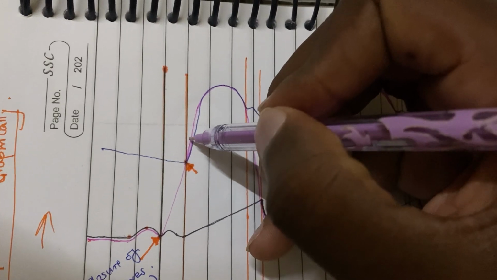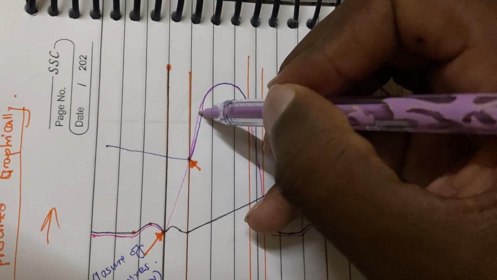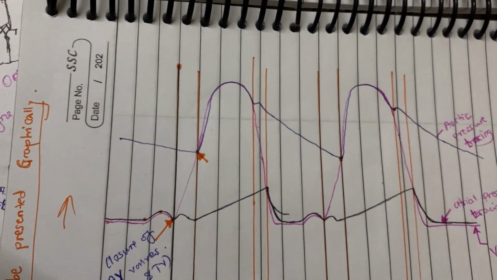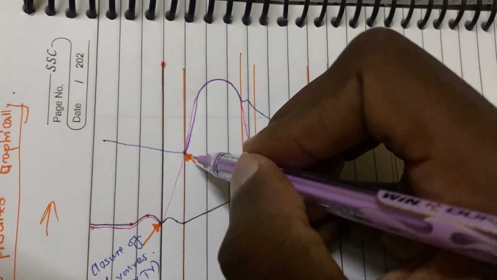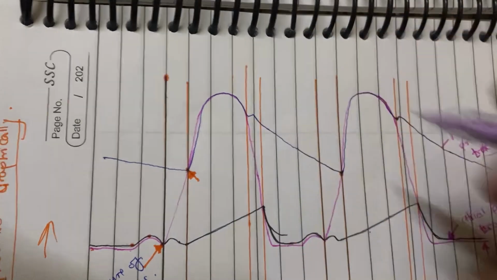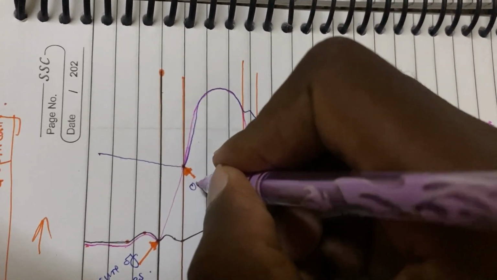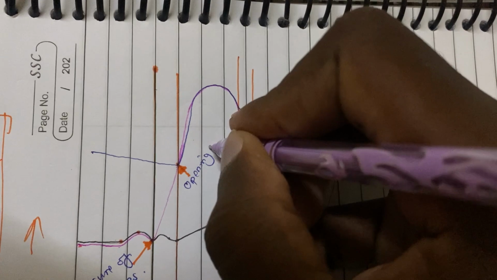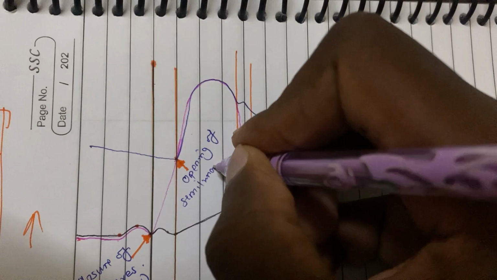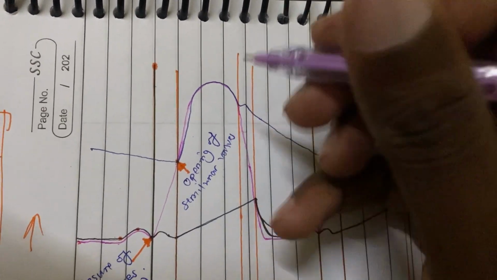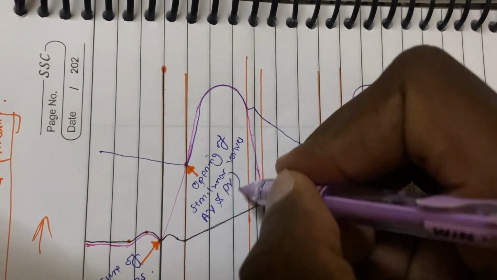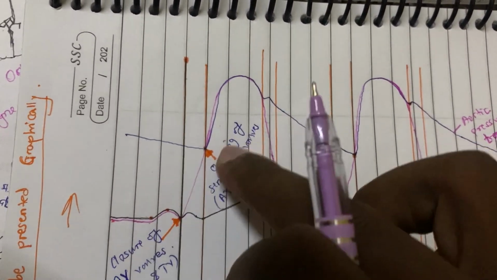You see the pink and blue lines. The pink is slightly more than that in the aorta. So at this point when they meet, it is the opening of the semilunar valves. Which valves are those? The aortic valve and the pulmonary valve. At this point they will open.